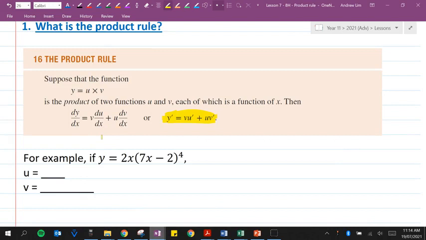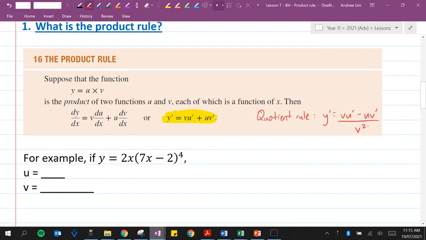Now, please remember it in that order, because when we learn about the quotient rule next, it's going to be very similar. I'll just write it down here. The quotient rule, which is when we need to differentiate a fraction where both the top and bottom are in terms of x, is y dash is equal to vu dash minus uv dash over v squared.